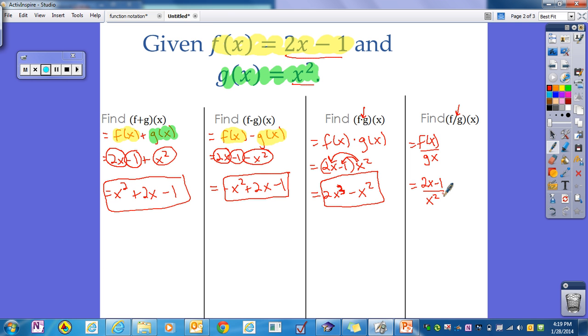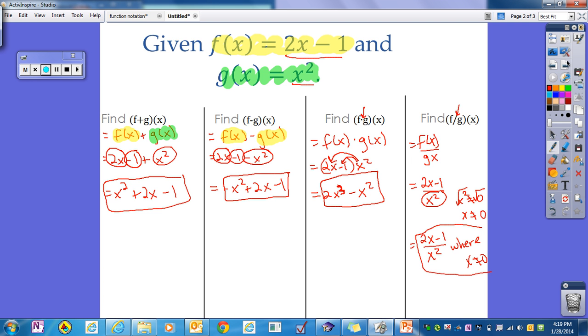But remember, the denominator is not allowed to equal 0. So x squared cannot equal 0. I have to take the square root of both sides, so x cannot equal 0. That means my final answer for the quotient is 2x minus 1 over x squared, where x does not equal 0.